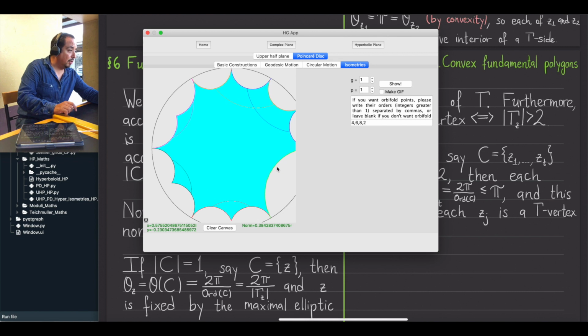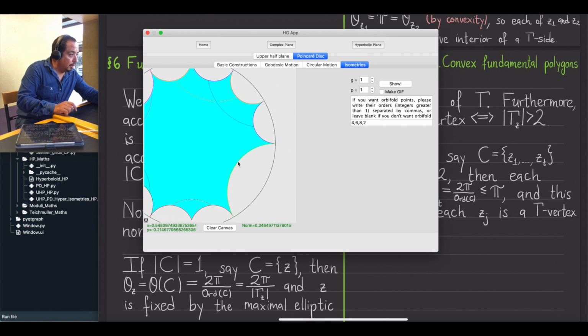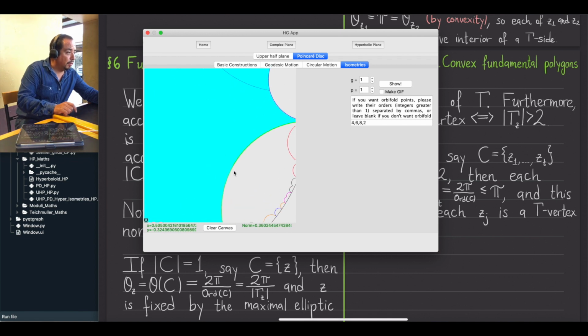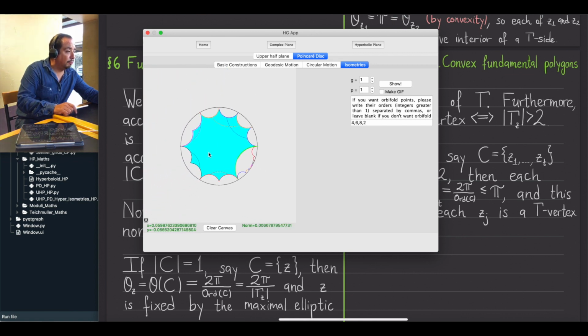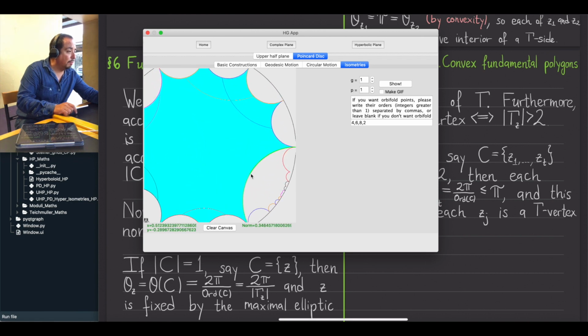But here you see, I have an element of order 2 of gamma, which is a rotation around this point. That point is in the relative interior of the shortest curve. So it was not a gamma vertex before, but now I'm calling it a gamma vertex.